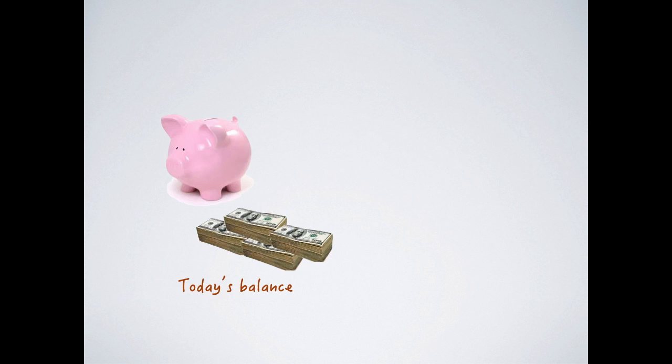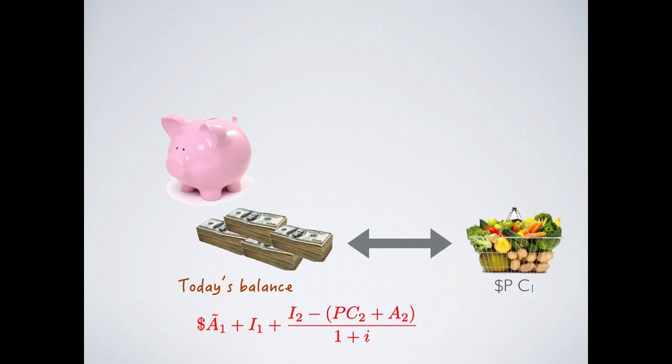So the total amount of money that you can spend today would be the income source from today, A1 tilde plus I1, plus the additional pile of cash you move from tomorrow to today but deflated by 1 plus I. And this pile of cash will be the amount of cash that you can use for consumption today.